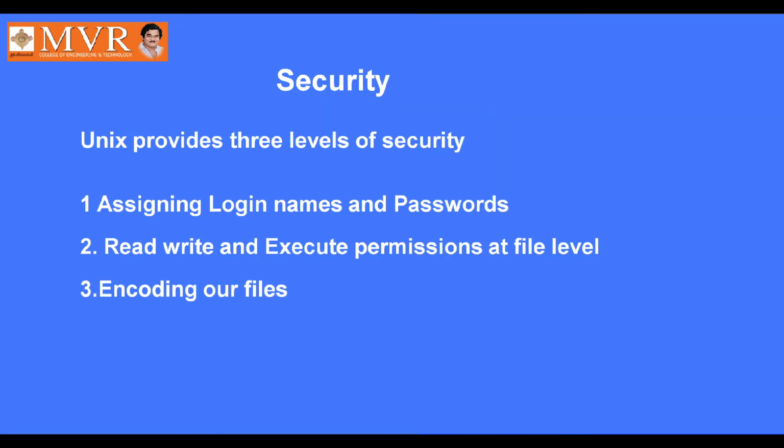And again, the next one is security. Yes, this is very important. Unix is famous nowadays because of this feature. Whoever is using laptops or desktops with the Windows operating system generally uses antivirus software, because those systems are very prone to virus attacks.